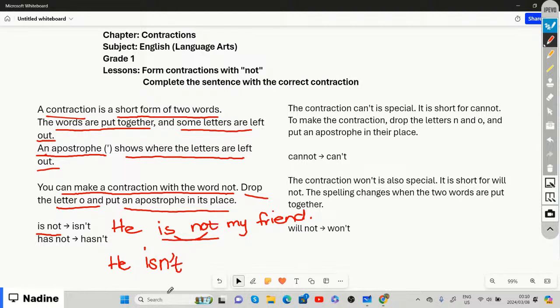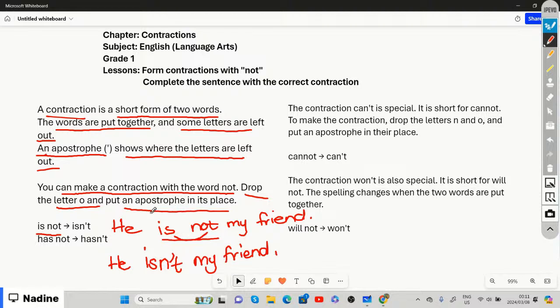So it's almost like saying is not, and the O is invisible there, because we dropped the O. We removed it. So now, instead of saying he is not my friend, we can say he isn't my friend.